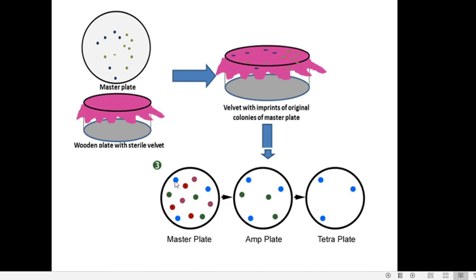We will just count: 1, 2, 3, 4, 5, 6, 7, 8, 9, 10, 11, 12. But here, out of these 12 colonies, in the ampicillin containing medium, you can only detect 6. That means the other 6 are non-transformants which have not taken up any plasmid from outside. They do not contain the ampicillin resistance gene. That is why they cannot grow in ampicillin. So the first step is over.